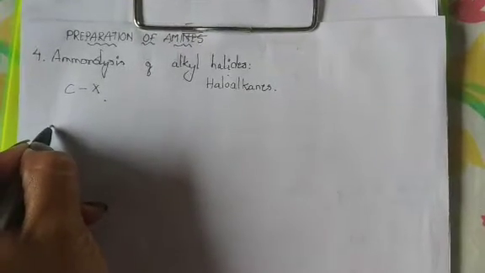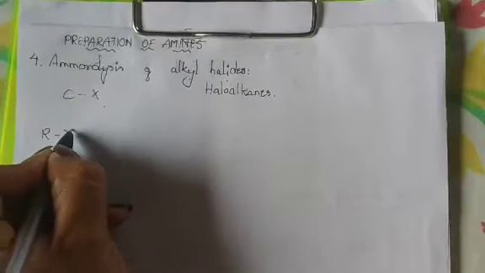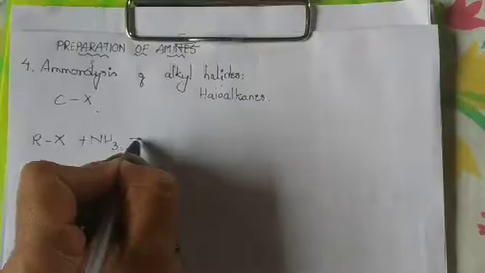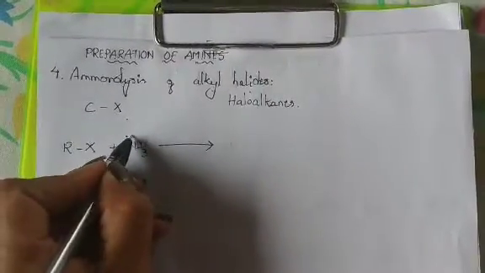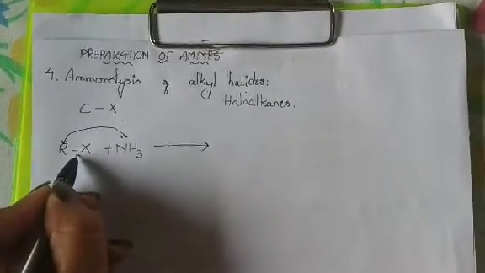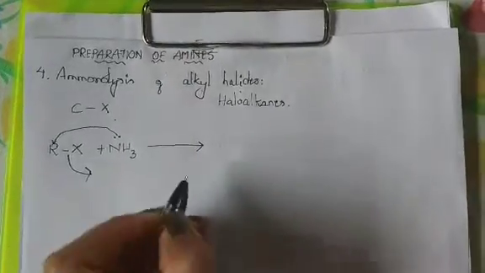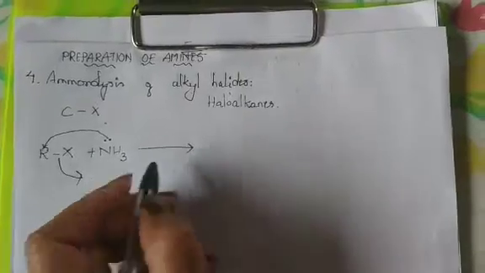Now we have ammonolysis. Let us take an alkyl halide plus ammonia. This ammonia has a lone pair. It donates the lone pair and attacks the carbon, and the halogen atom leaves, since halogen atoms are good leaving groups.